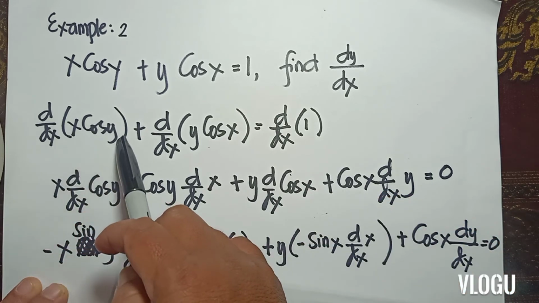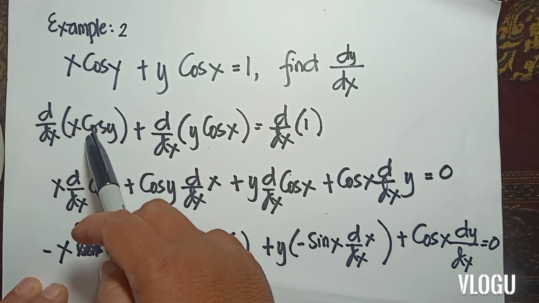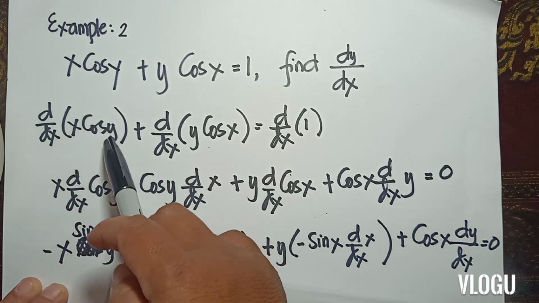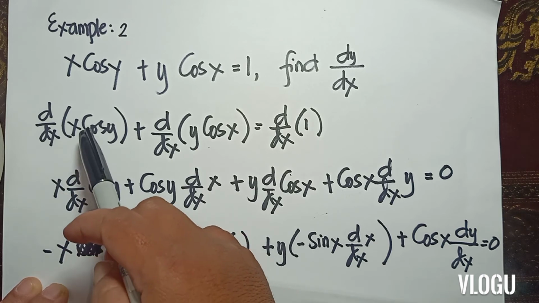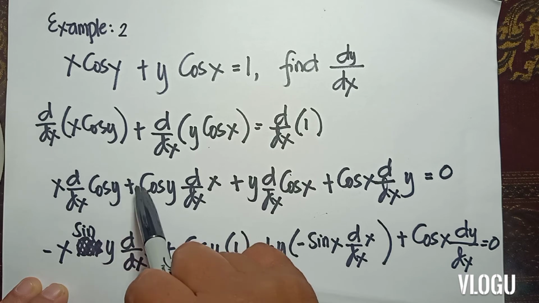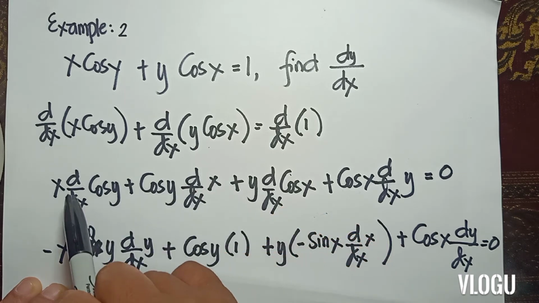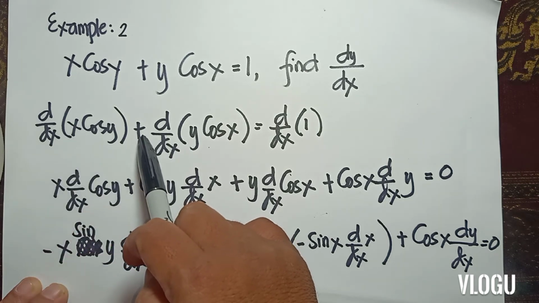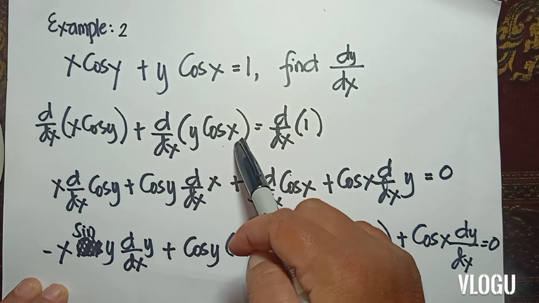So, for x cosine y, we can find the derivative of x and we can find the derivative of y, so we are going to use the product rule. We have here x d/dx of cosine y plus cosine y d/dx of x. Plus the derivative of y cosine x.